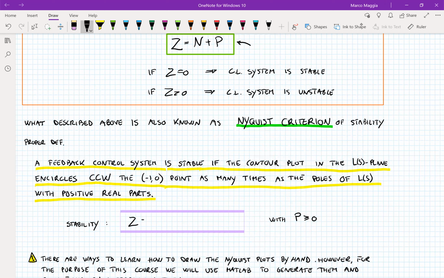It says that Z is equal to 0, that is, the closed loop system is stable, if and only if N is equal to minus P. So the number of counterclockwise encirclements of the (-1, 0) point is equal to minus P, the number of poles of L(s) with positive real parts.